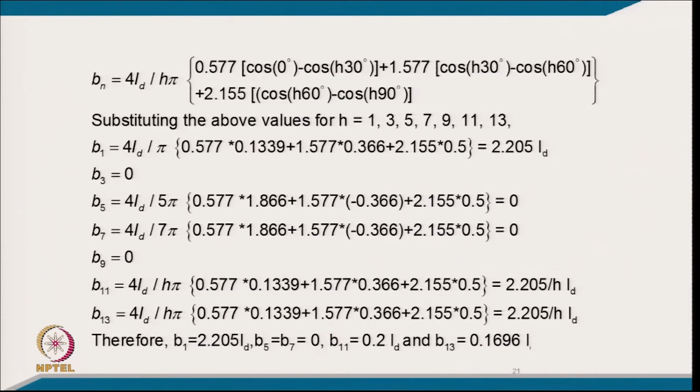So, you will find the fundamental is of this order in terms of the DC link current, and then the third is not there, the fifth is also 0, the seventh is also 0, the ninth is also 0, the 11th will be there, and that will be the fundamental divided by h, that is, like 11 here. Similarly, your 13th will also be like this. So, you will find the lowest harmonics will be 11 and 13, of order 0.2 into ID, and this will be even further reduced.